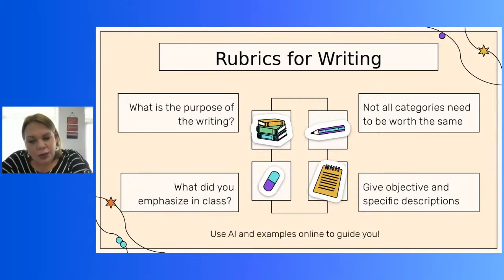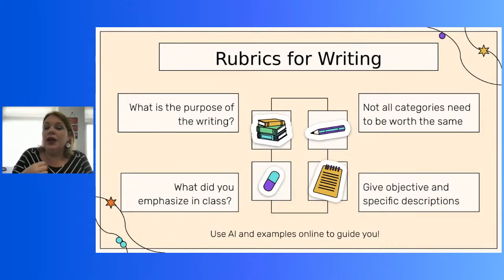And it's also very important for us to give objective and specific descriptions for the rubric, because evaluating writing can become very subjective and students can argue their grades, right? And they can say, why did I get this grade instead of this grade? That's why it's super important for us to develop rubrics that, yes, have categories with point values, but also what does it mean if in organization you get a 5 and you don't get a 3, or vice versa, right?